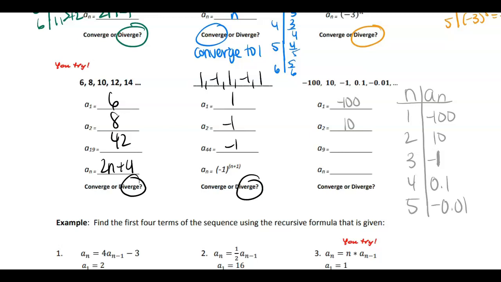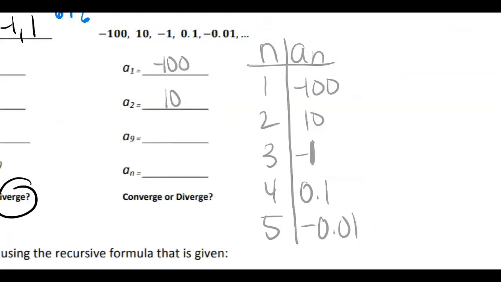So for this last question, the main thing that I need to find now is my general form, the explicit form for this. Okay, so in order to find the explicit form, let's just take a second and look at the pattern that I'm noticing. So I have all of these items here from 100 to 0.01, and it looks like every single time that we're going from one value to the next, it's literally losing a zero.